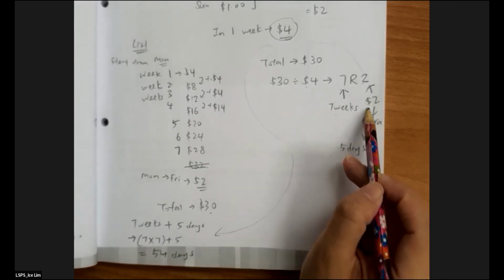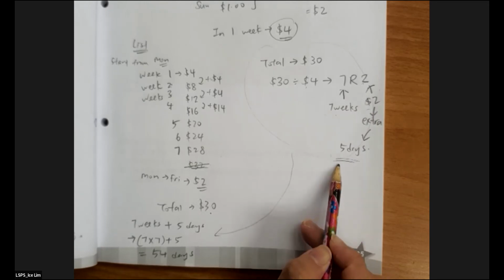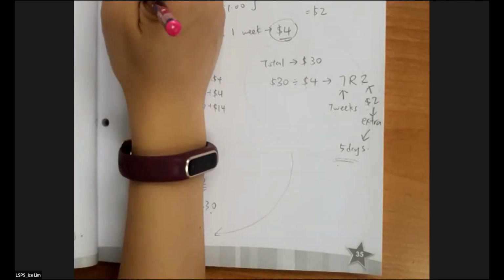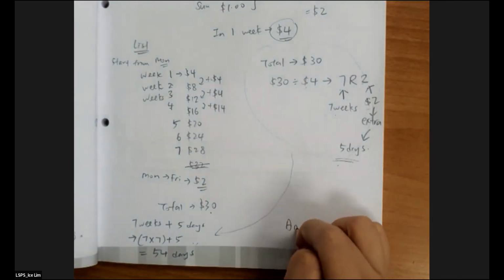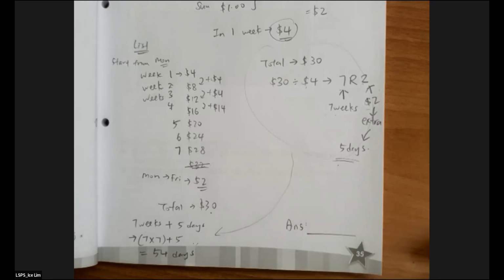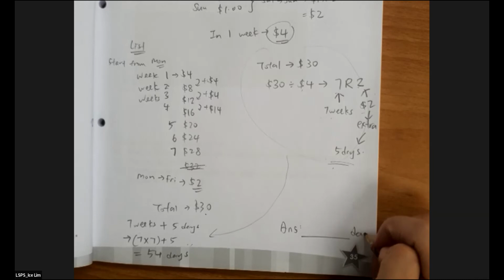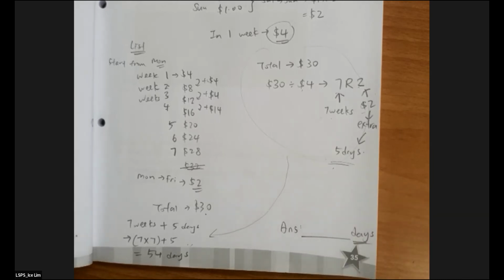From that $2, I need to find that it's 5 days. Then I can skip all the way to this step instead of doing the listing. Now, the last part, check. What is my unit? Days. How many days? Is that okay? Can you understand?